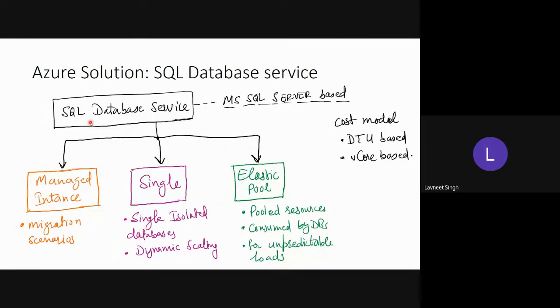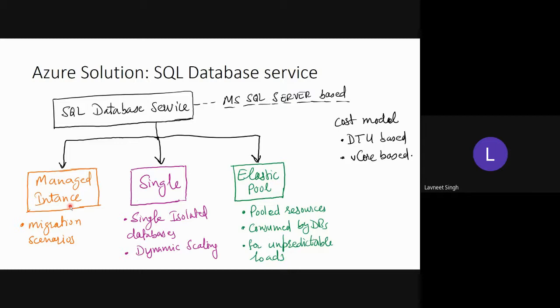So what is Azure's solution? What does Azure provide for PaaS-based RDBMS? So it has a SQL database service. It is based on MS SQL Server, okay, and you can create three kinds of instances: managed instance for migration scenarios, where you already have MS SQL Server on your on-premises servers, right?